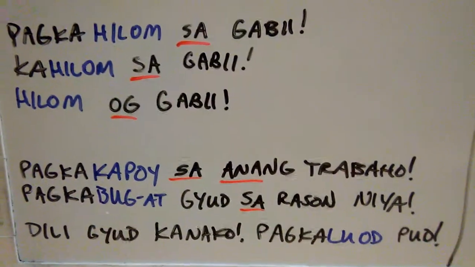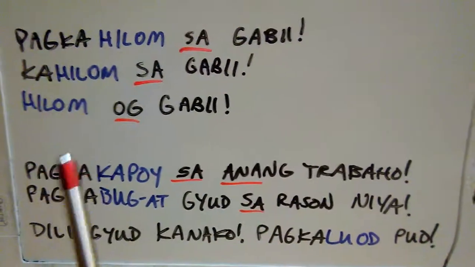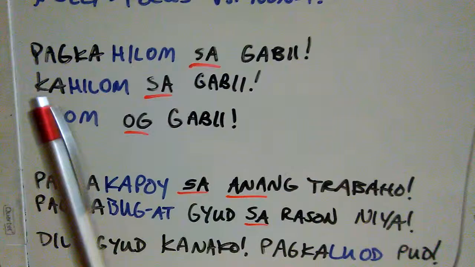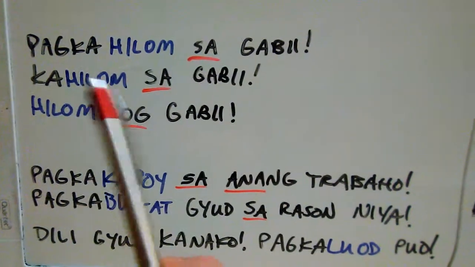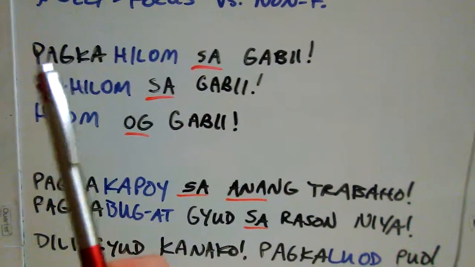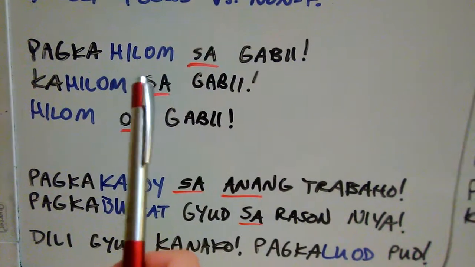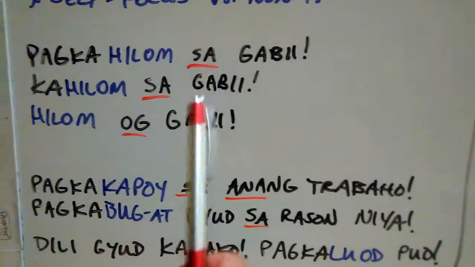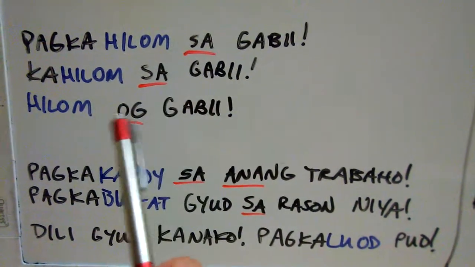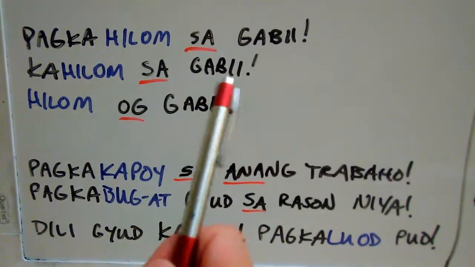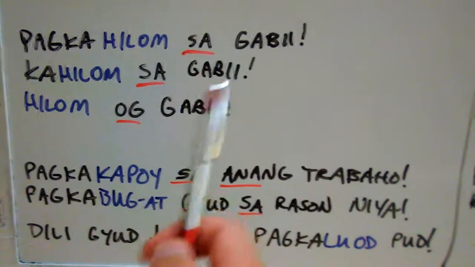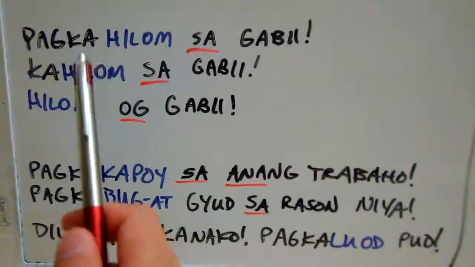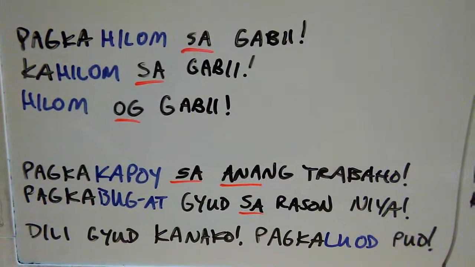So down here we have our examples. Pagkahilom sa gabi, okay? So here we have pagka, and our adjective is hilom. What I mean by the self-focus versus non-focus is you're always going to have some sort of non-focus phrase following whatever the pagka is, okay?